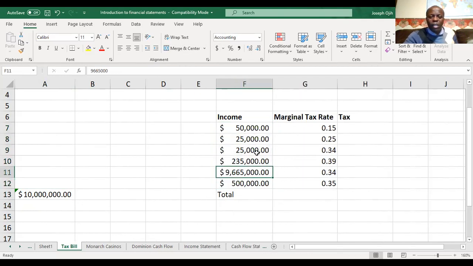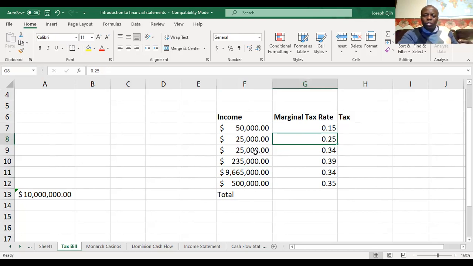So now you can see that the first 50,000 is taxed at 15%. The next is extra money on top of 50, which is 25, making it 75,000. But you will not be taxed on the 75,000. You'll be taxed on the extra 25,000 at the rate of 25%. Now the next 25,000 will be taxed at the rate of 34%.